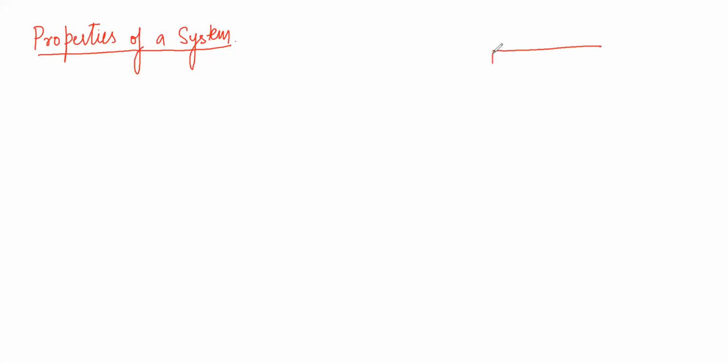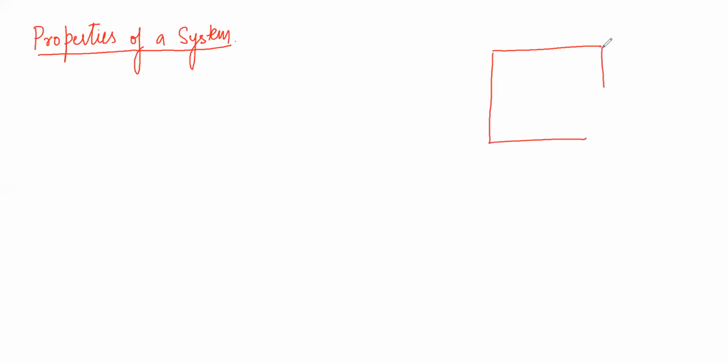The next property that we are going to define is the properties of a system. What are the properties of a system? All measurable characteristics are properties. Suppose this is a system, right?